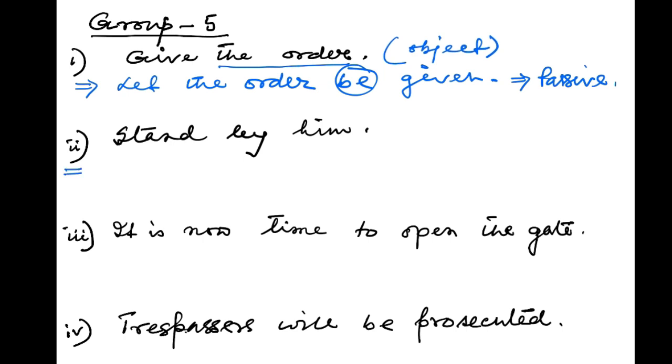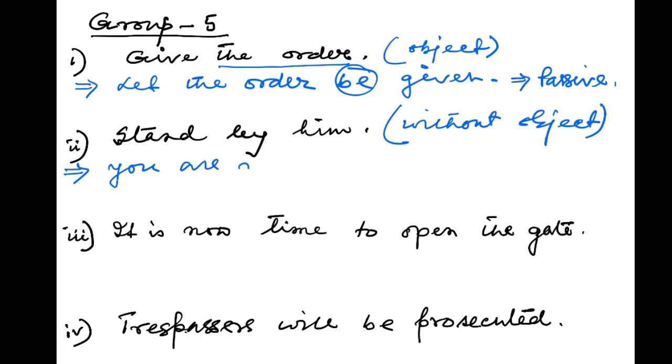Now come to this sentence, stand by him. It is also an imperative sentence but without an object. So you know how to do it. You will start this voice with: you are requested to stand by him.